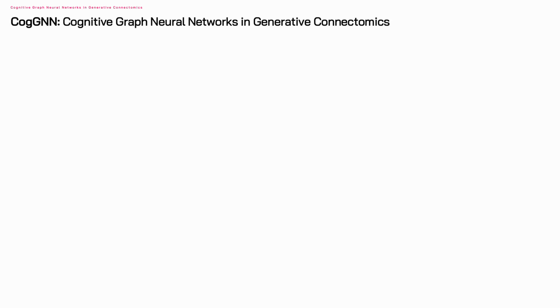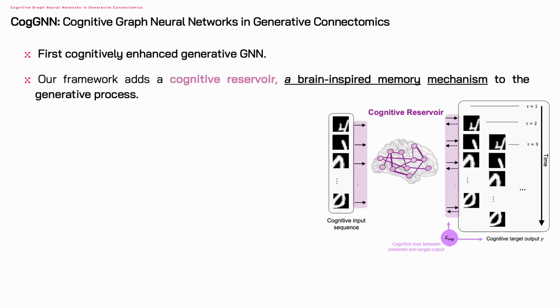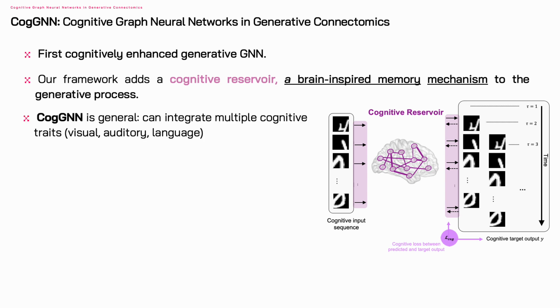So I proposed a solution called COGGNN, which is a first cognitively enhanced generative GNN, where it integrates a cognitive reservoir, which is a brain-inspired memory mechanism, to the generative process. COGGNN is general. It can integrate multiple cognitive traits such as visual, auditory, language, and can be applied to different applications of generative connectomics.